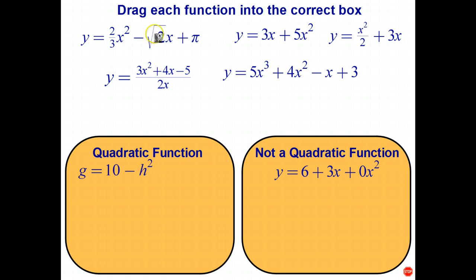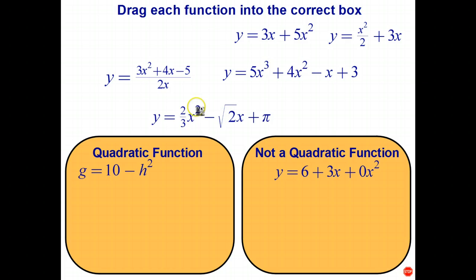What about this guy up here? Let's drag it so we can have a good look at it. Well, there's the x squared term. That's not equal to 0, so that's fine. There's the x term. So the value of b is negative square root of 2, and pi is a number, so that's the value of c. So that is a quadratic, even though it looks a bit more complicated than some of the others.